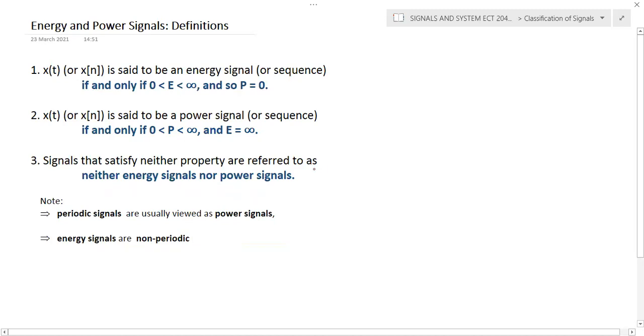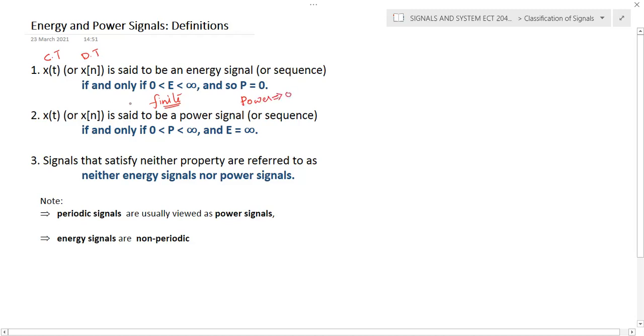Now we can define what you mean by an energy signal or sequence. In the case of a discrete time signal or continuous time signal, if you calculate the energy using the previous formula and you get E between 0 and infinity, meaning a finite quantity, then energy is finite and the power is equal to 0.